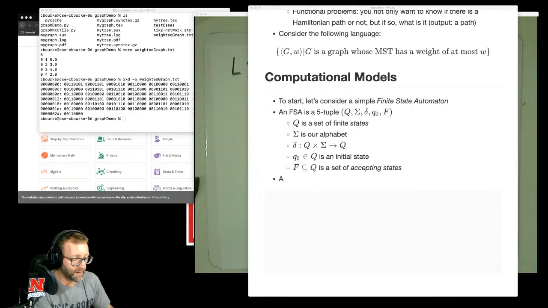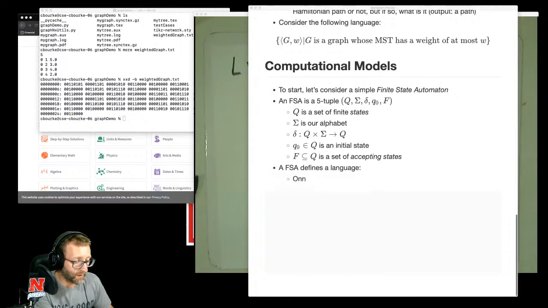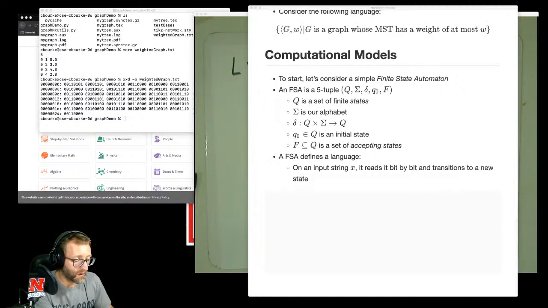A finite state machine, finite state automaton, defines a language as follows. On input string x, it reads it bit by bit and transitions to a new state according to that delta function, right?